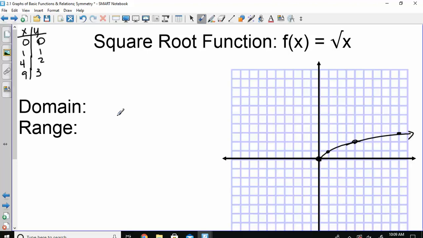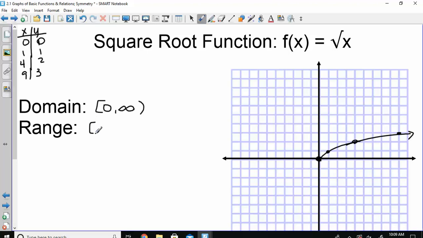So the domain on this. As we go from left to right, what values do we hit? It starts at 0 and keeps going forever, so it goes to infinity. The range, bottom to top.